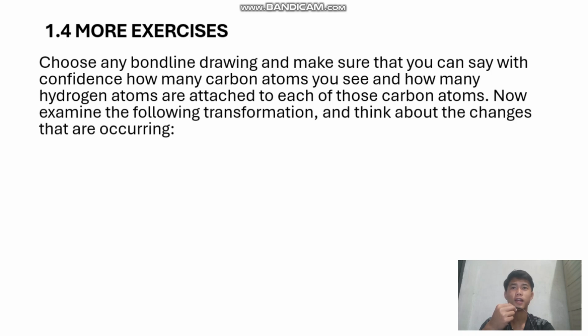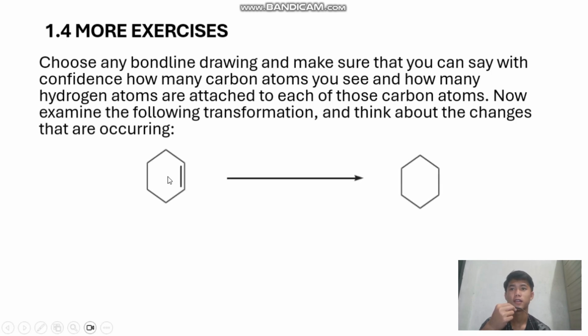Now examine the following transformation and think about the changes that are occurring. So here we have 1, 2, 3, 4, 5, 6 carbon atoms, and we have a double bond transitioning into a single bond.